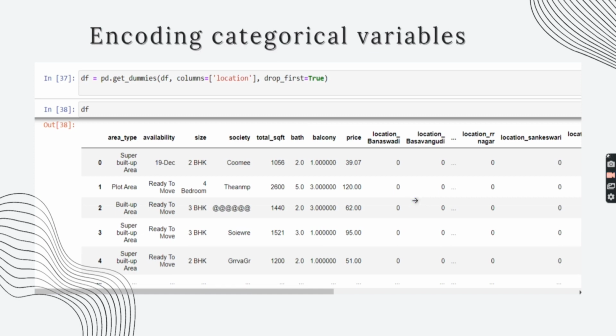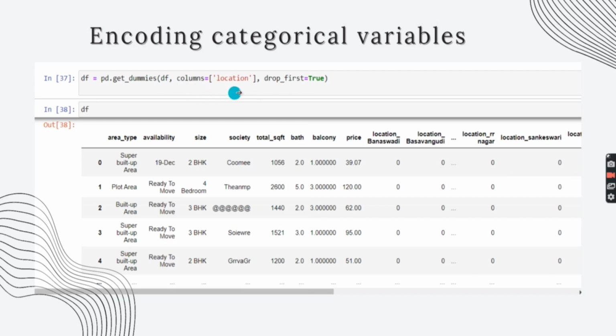Now we are coming to encoding categorical variables. The categorical variables need to be encoded for machine learning models. We can use one-hot encoding or label encoding depending upon our variables. Here I am using the get_dummies function for the encoding. What exactly does the get_dummies function do? It creates many dummy variables, which help us to encode in a proper manner.